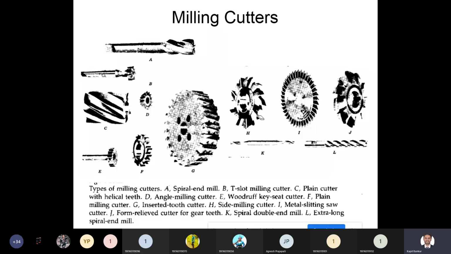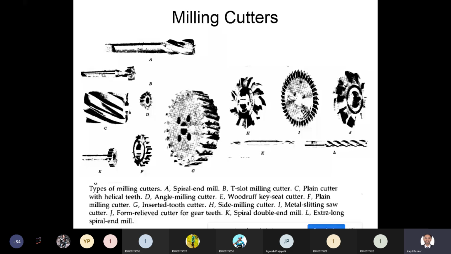So from this side and back side also, the cutting edges are there. So with the help of those cutting edges, from both sides of the cutter, metal will be removed. Here, see, this is the side. It may be possible that the cutting edge is on one side or on both sides. Okay, so this is side milling cutter.